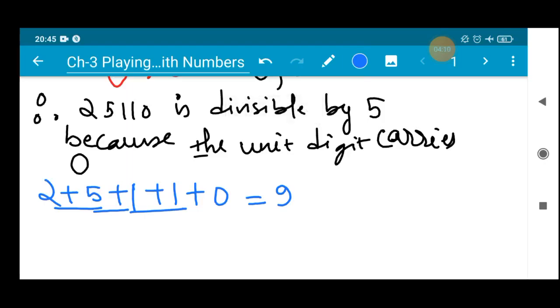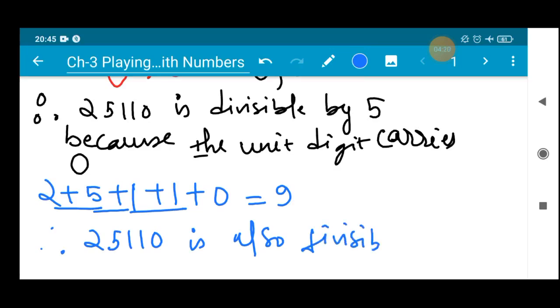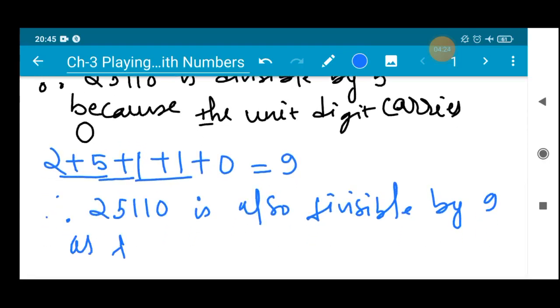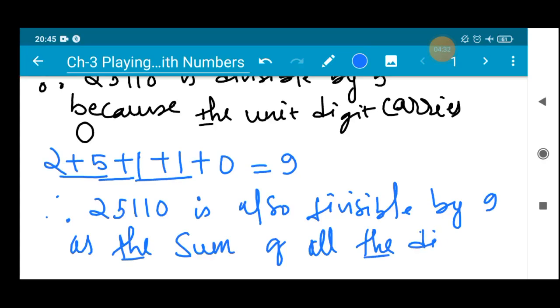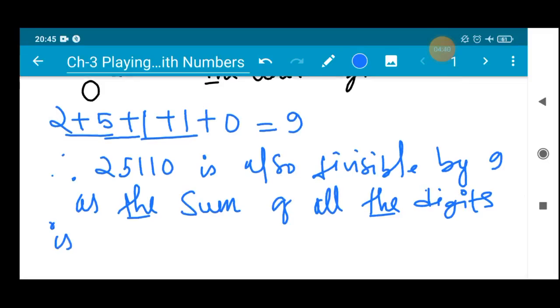So this is the divisibility rule. Therefore, 25110 is also divisible by 9, as the sum of all the digits is divisible by 9, right?